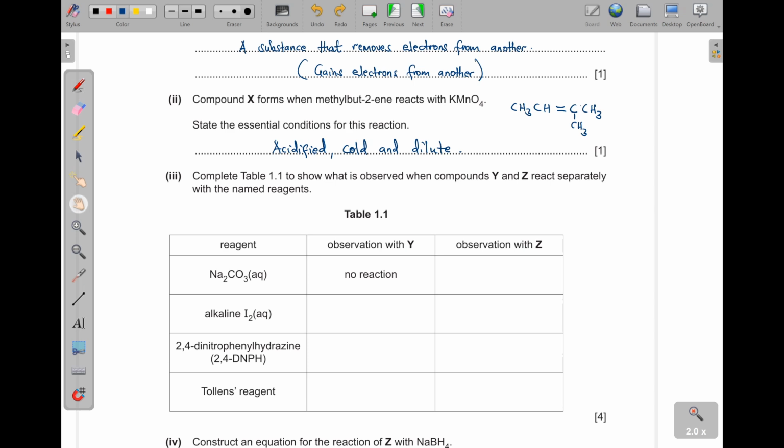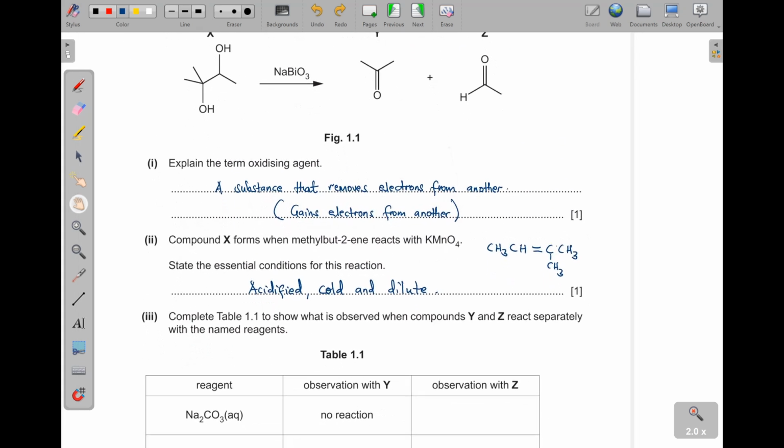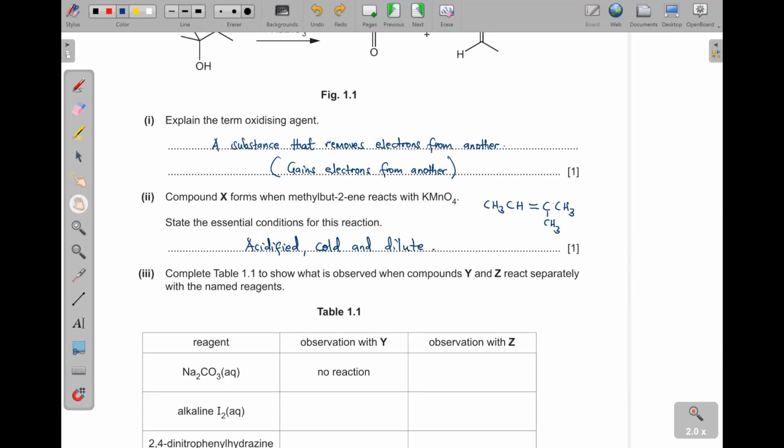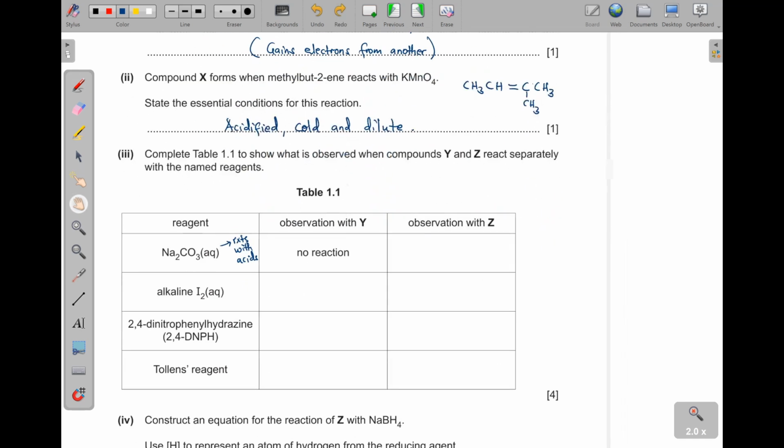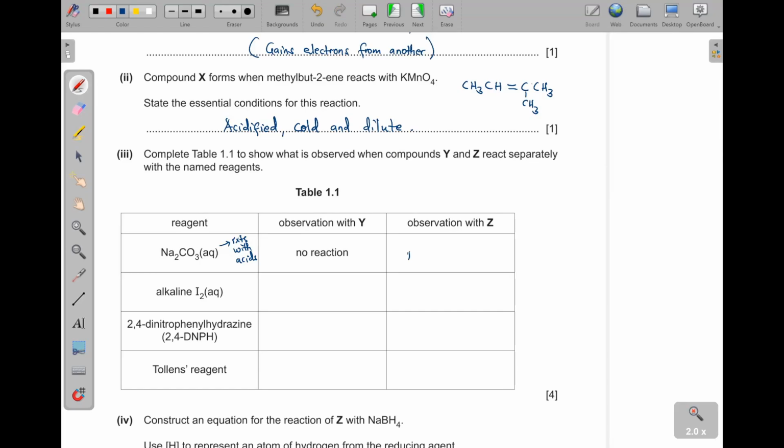Observation with Z. Let's look at Z. Sodium carbonate, first of all, reacts with acids. So this one is not an acid. It is an aldehyde here. So that means no reaction. So we shall say no reaction.